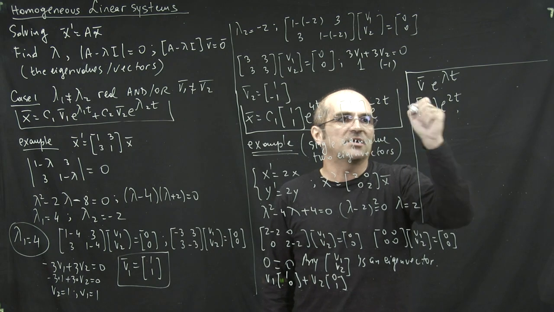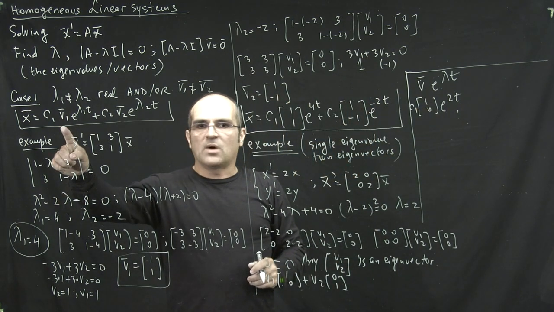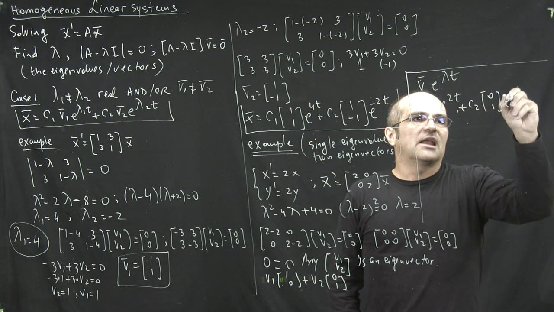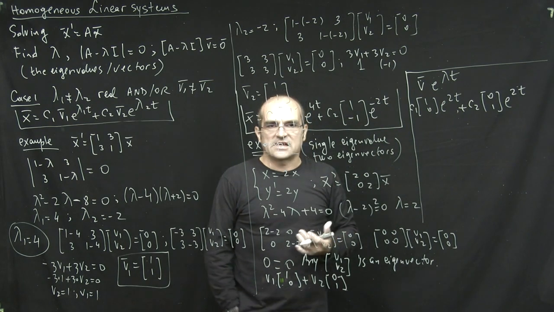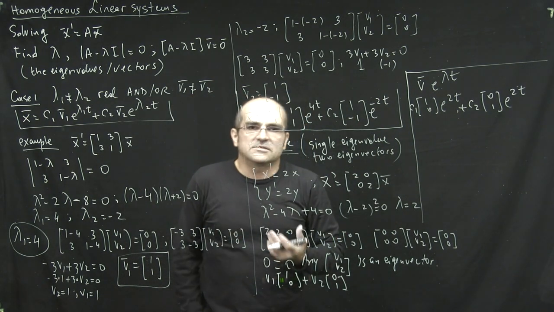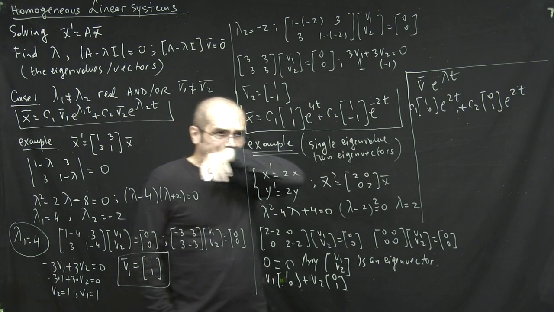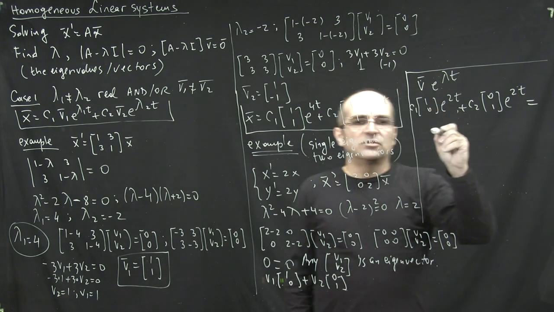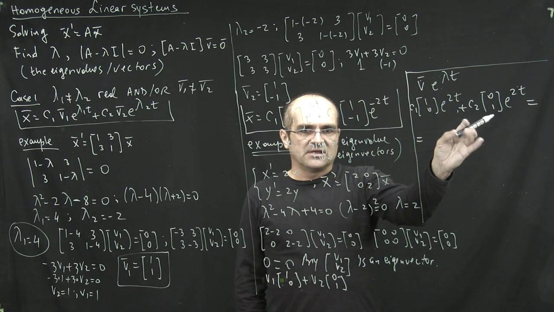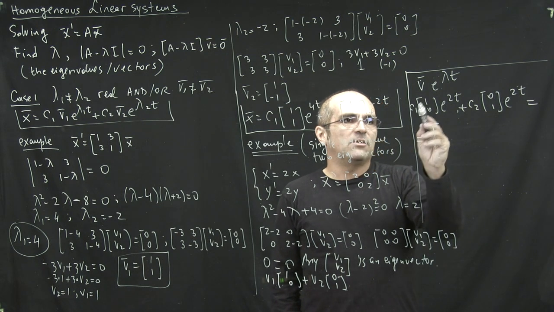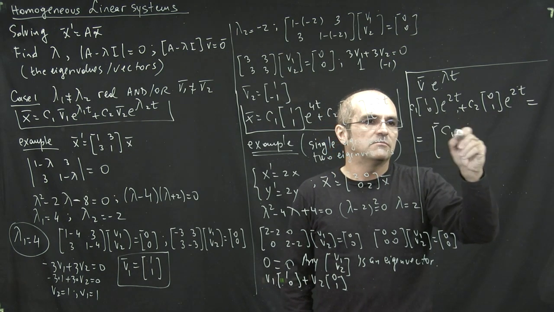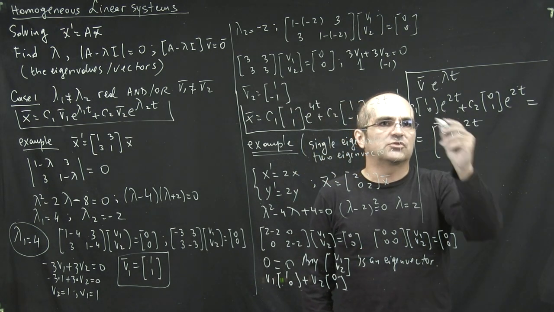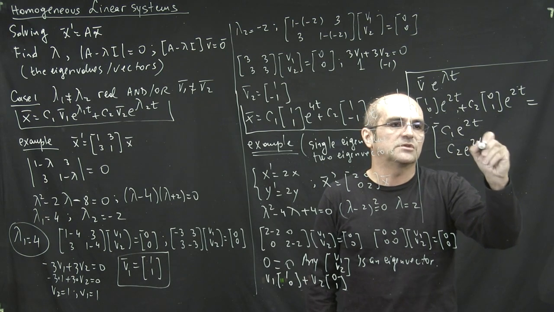Let's write it actually in a linear combination, right? So c1 (1, 0) e to the lambda t, and then plus c2 (0, 1) e to the lambda t. It's the same lambda, but the eigenvectors are different. So again, the same formula works in this case. The reason why this is not an interesting case in the 2 by 2 case, and you might notice already, if you combine this into a single vector, the first component is c1 e to the 2t, and the second component is c2 e to the 2t.